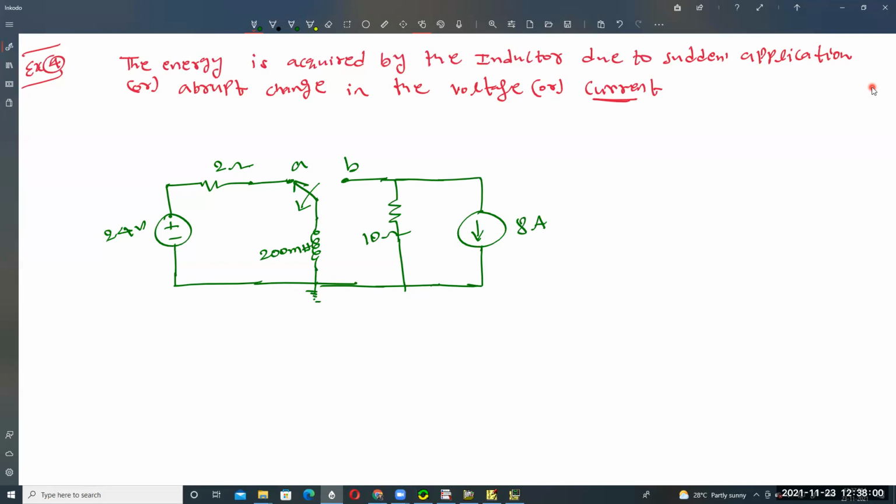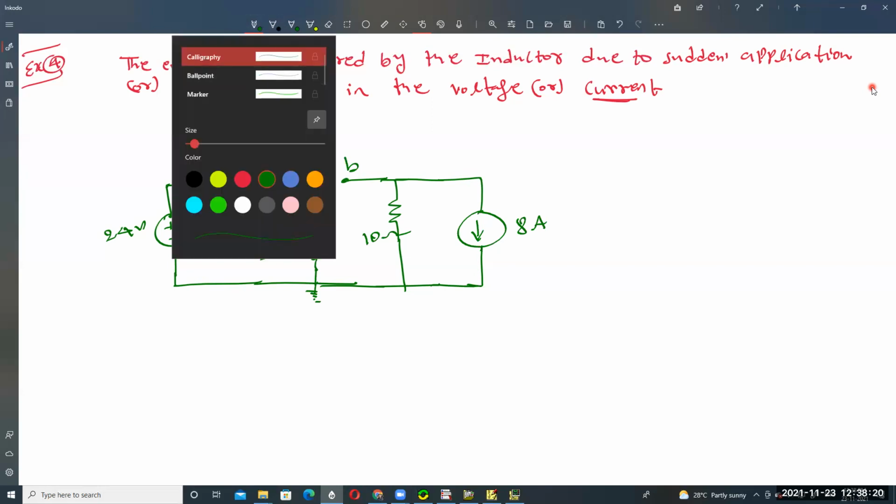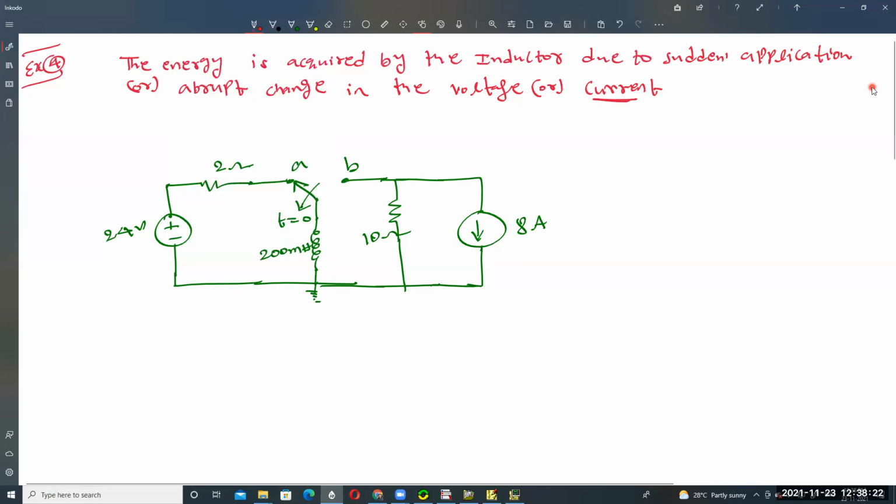For the circuit, do initial conditions exist or not? At t equal to 0, the switch is moving towards A. Understood? So what is the meaning of the switch here? At t equal to 0, the switch is moving from B to A. This is the moving direction.